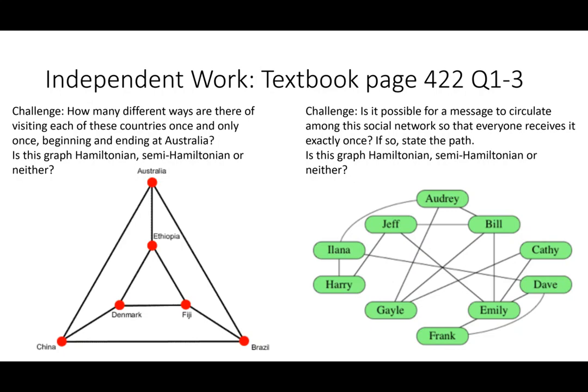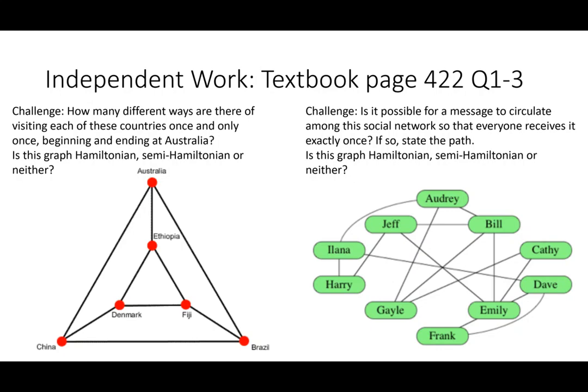Let's see. Let's start in Australia. We could go Australia, Brazil, Fiji, Ethiopia, Denmark, China, Australia. That's 2.